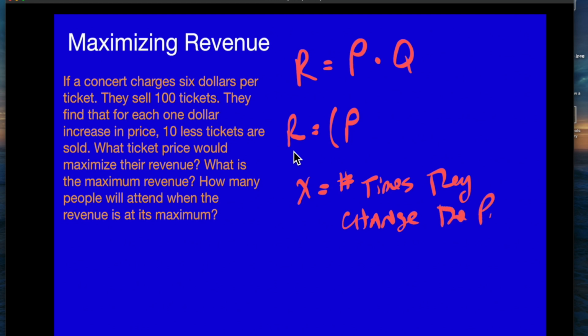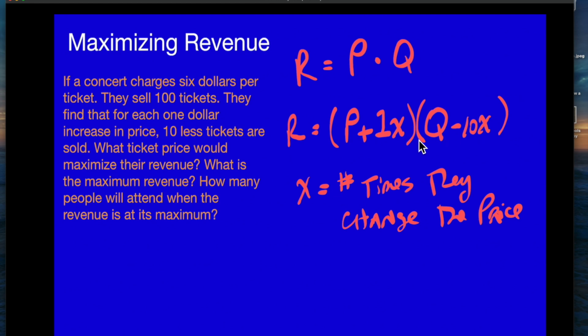Okay, so let's see what happens. Every time they change the price, that's x, you're going to have an increase of $1. And in terms of the quantity, every time they change the price, you're going to have 10 less sold.